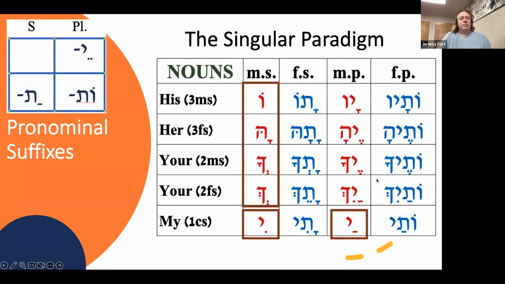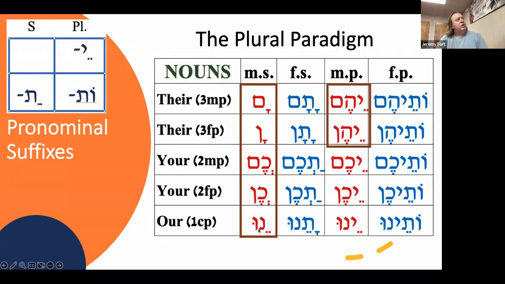All right. Very good. So real quick, we just kind of covered a few of those. Brent's been pointing them out. These are the charts you want to start keeping close to you and memorize. The endings: o, his; when you see that little mappiq in there, it means her; ha, your, and e. And then we have another chart I gave you last week too: anu, et, on, hem, hen, and nu.